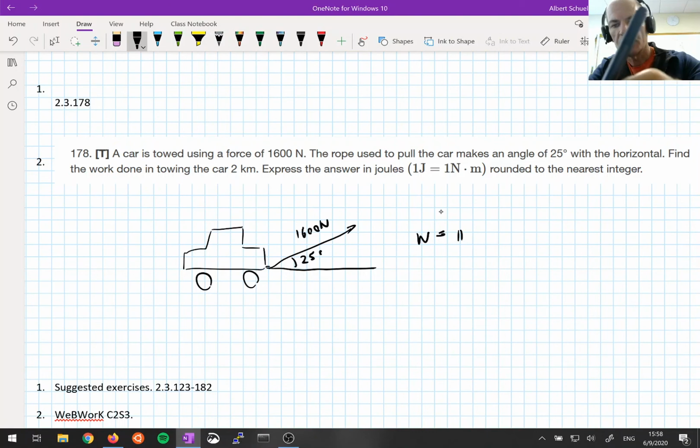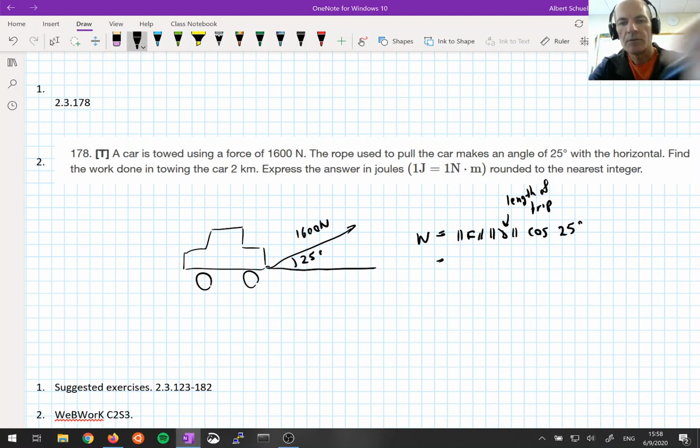the magnitude of the force times the magnitude of the displacement, which we'll just say the length of the trip, times the cosine of the angle between them, 25 degrees. And we can just fill in all the bits. The magnitude of the force is 1,600 newtons. The length of the trip is 2 kilometers. If we want to do this in meters, that's 2,000 meters.